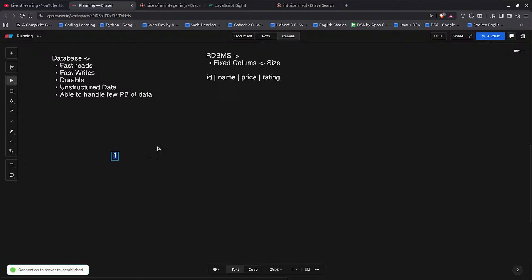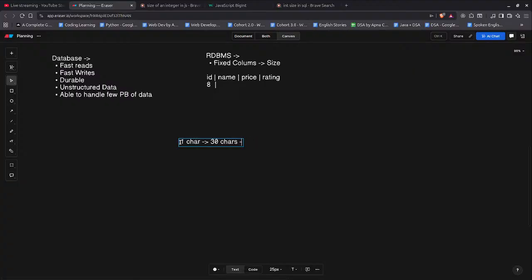So ultimately, if we have a number like the ID, we use big int, because we never know how much the data is going to be, so of course we are going to use big int. Hence it's going to be 8 bytes. And the name, how many characters can it have? One character is almost 2 bytes, and if we assume a char can have max 30 characters, it will have almost 60 bytes.